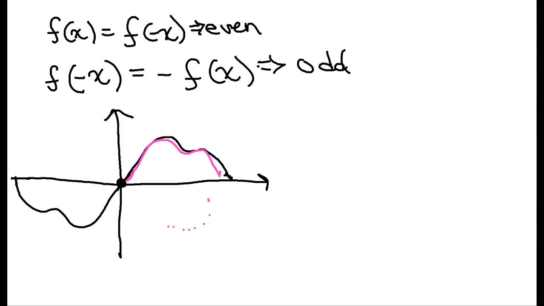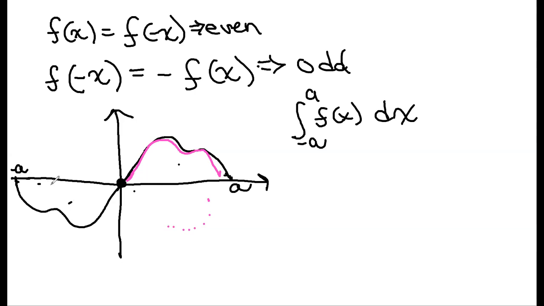So knowing this, if I look at this a different way, area of a curve, let's talk about the area from negative a to a of f of x dx. Well, here's negative a, here's a. I want to know what the area under this curve is, this whole curve.